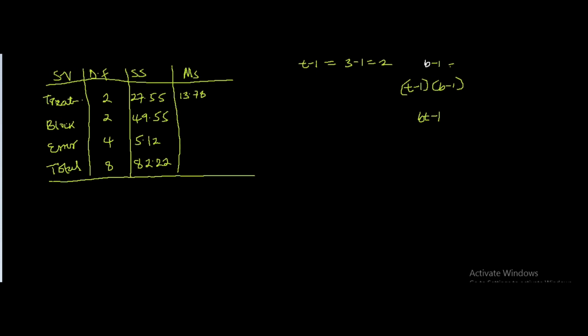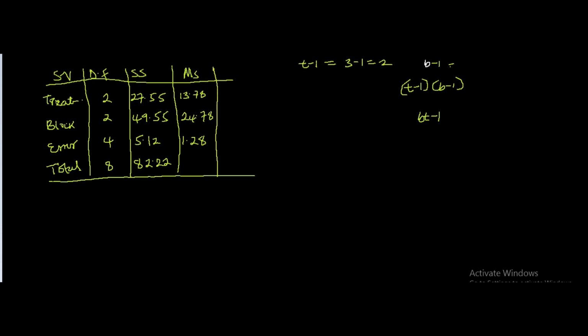Also our mean square block, we had it to be 24.78, and also our mean square error, we had it to be 1.28. So these are all the values that we have. Now for mean square, there's no need for mean square total.